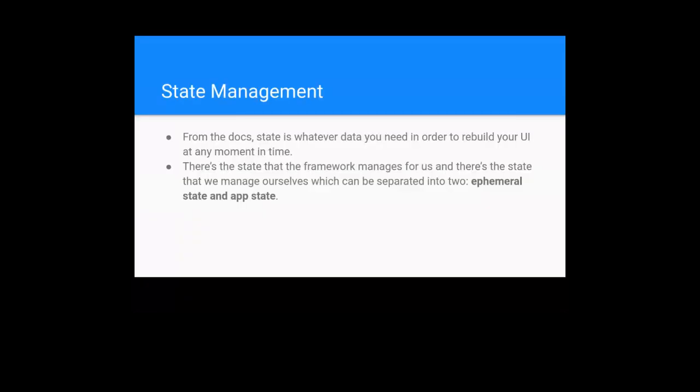You need to understand what state that data is in, and how that data affects what the user will be seeing. There are two ways you can do this: the ephemeral state and the app state.